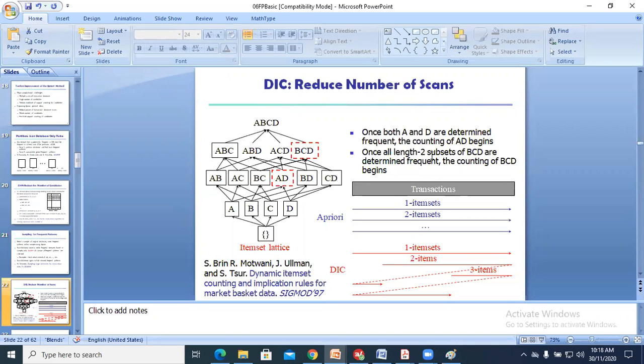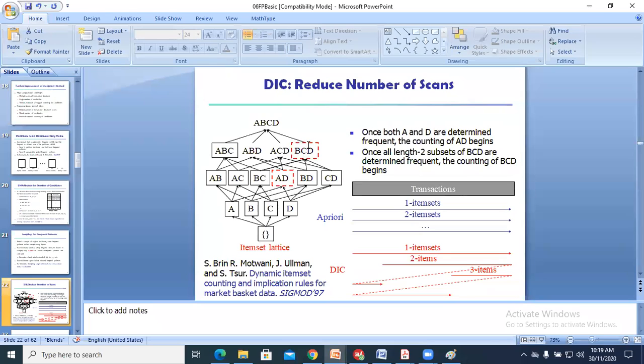And if, for example, two subsets of BCD are determined frequent, the counting of BCD begins. For example, if we find that BC, BD, and CD are frequent, we will start counting BCD.